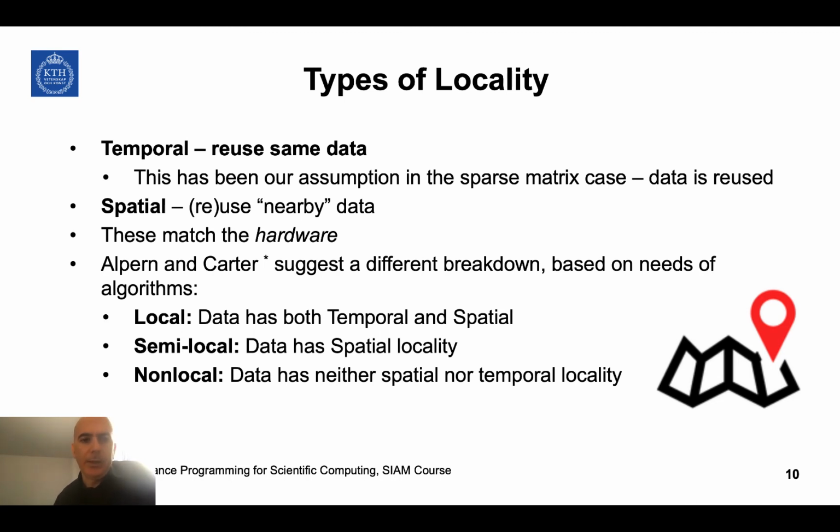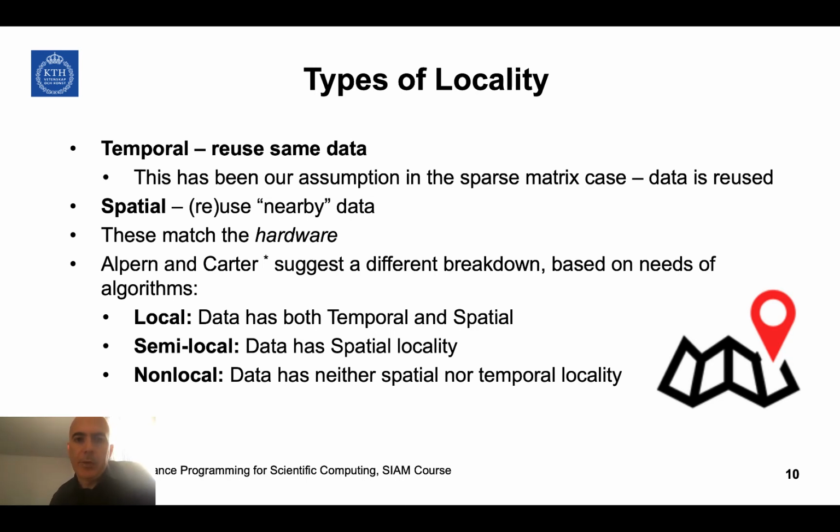We have temporal locality, that is basically reusing the same data. So we have some data in the cache that is accessed many times. And this was our assumption in the sparse matrix case for the usage of X, where the X data is reused all the time. So we don't pay the time to access the main memory.